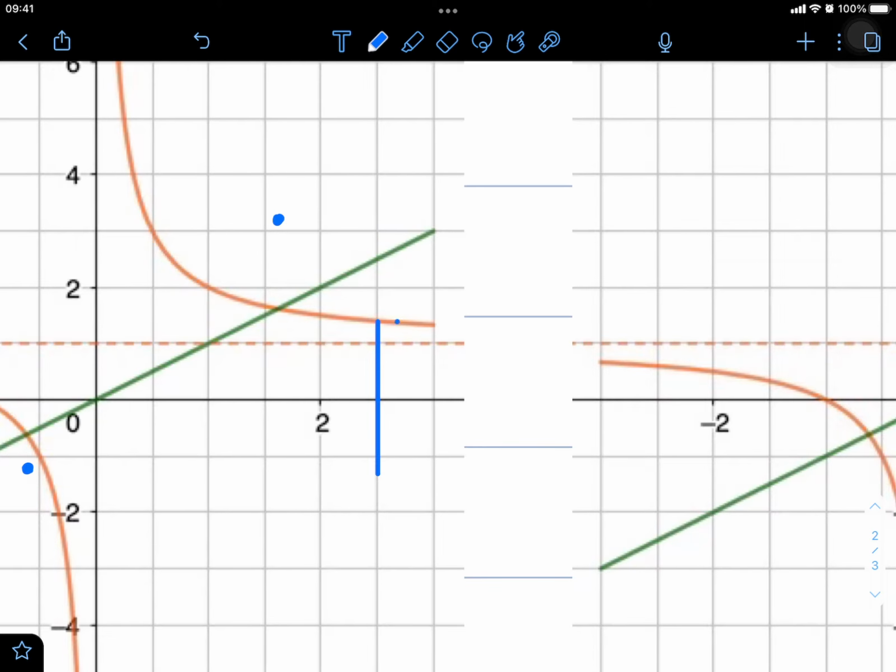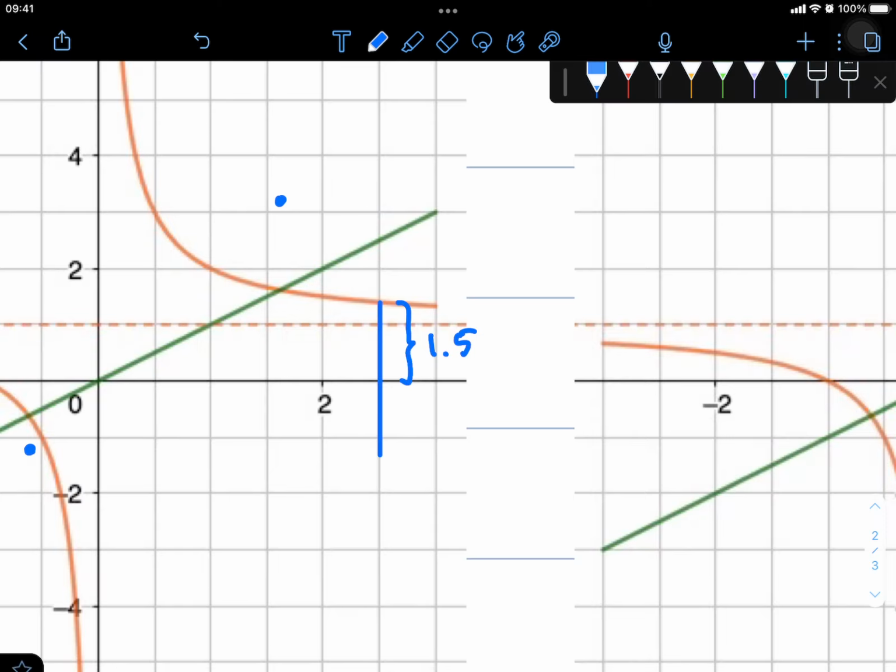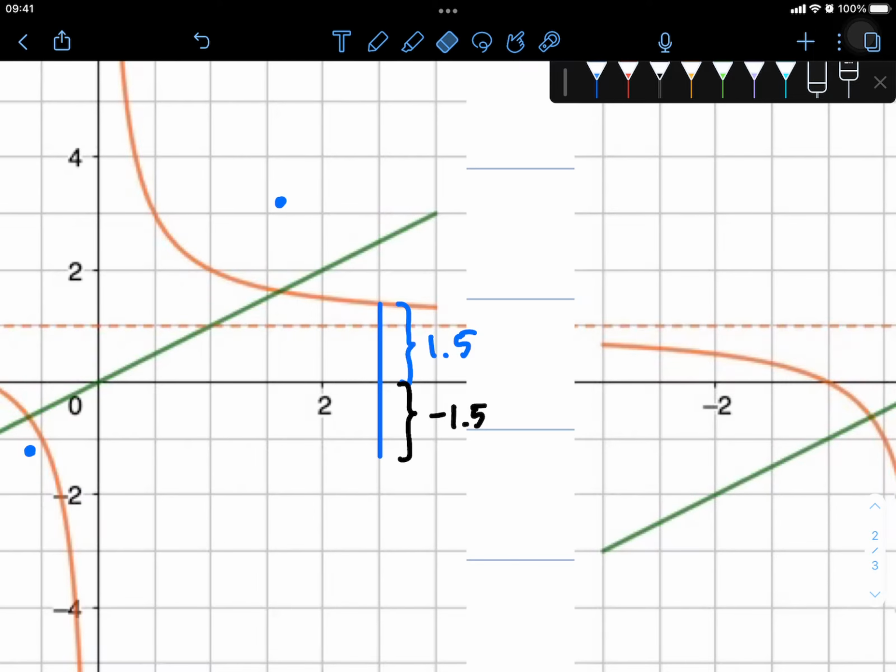So let's take, for example, this point here to be, let's say, positive 1.5. For there to be an x-intercept for the sum, this has to be negative 1.5 for g. But notice how they are both positive. Since they're both positive, it's impossible for f to be the negative of g. So we actually can't apply it on this side here.